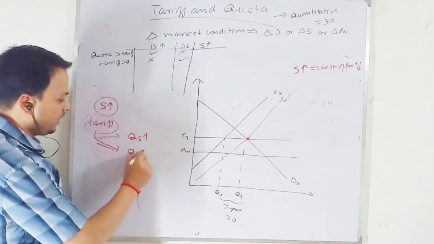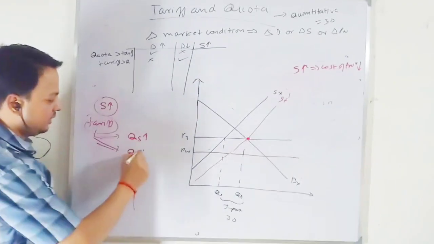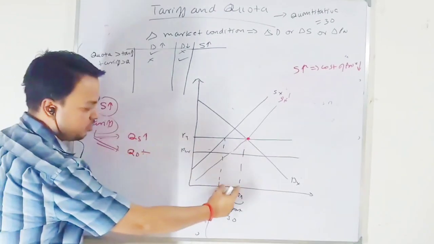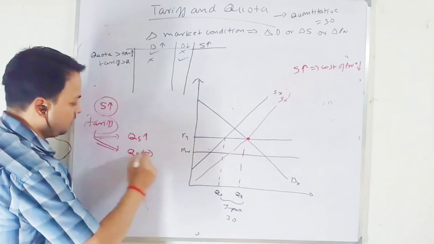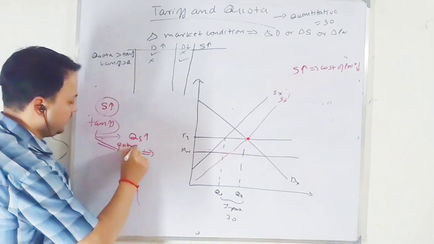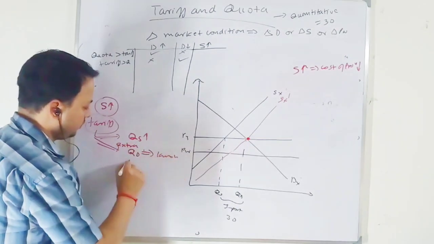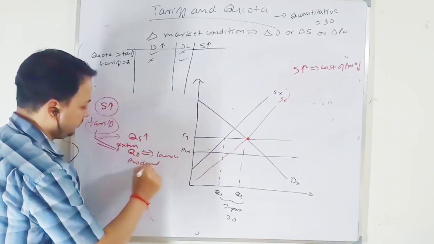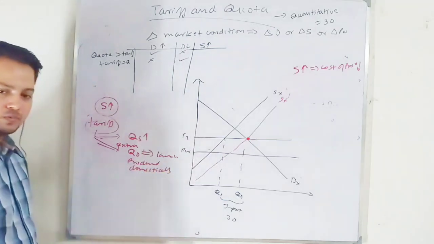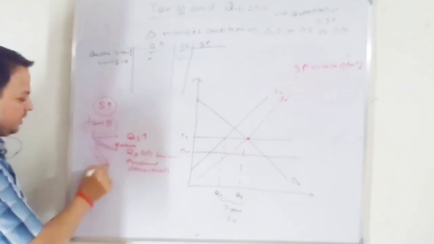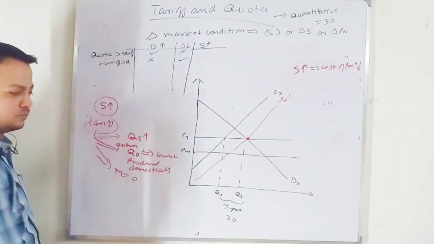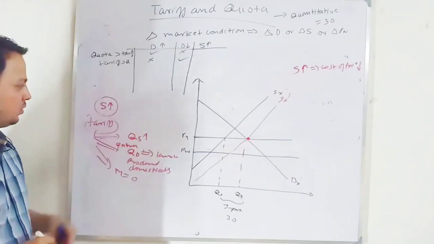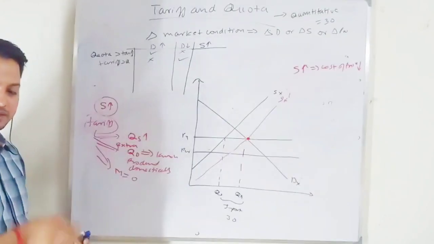This extra quantity demanded is now produced domestically. And third thing, import is 0. So tariff looks better when supply increases.